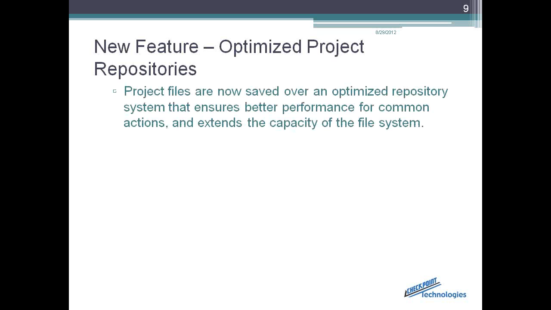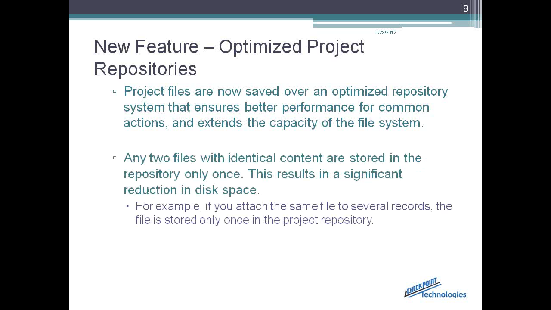Right, so as I mentioned earlier, one of the major new features or redesigns of version 11, and this is going to be for any of the versions, ALM, Enterprise, Starter, all those, is a new optimized repository structure. What this is going to do is help with increasing the capacity of your file systems, your storage, database, any information.